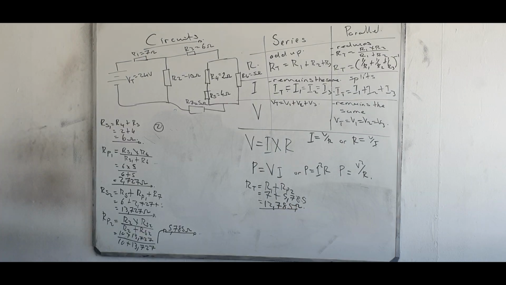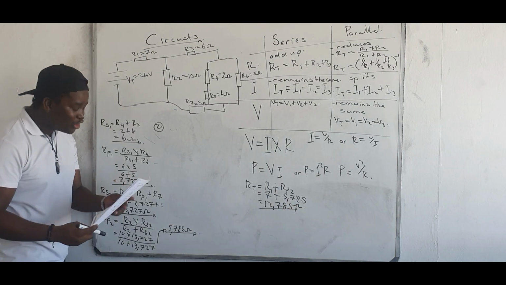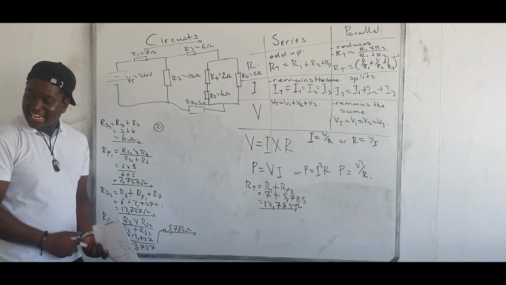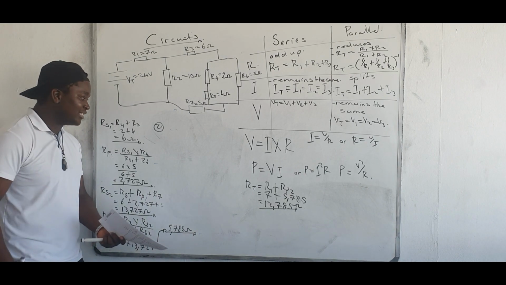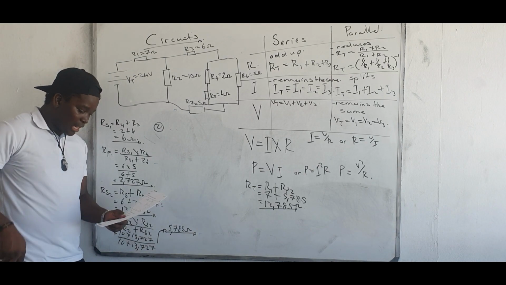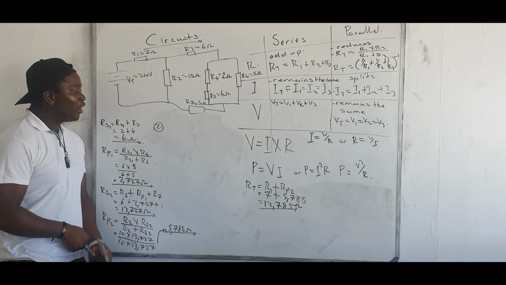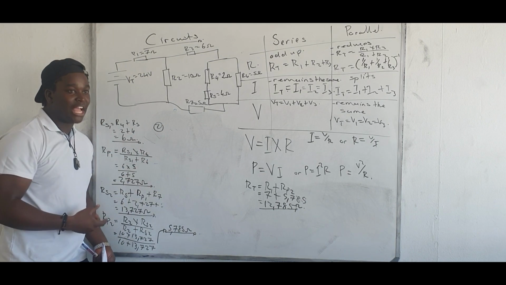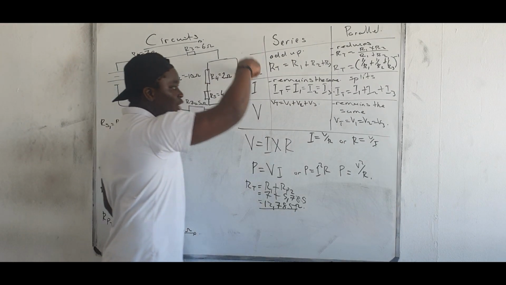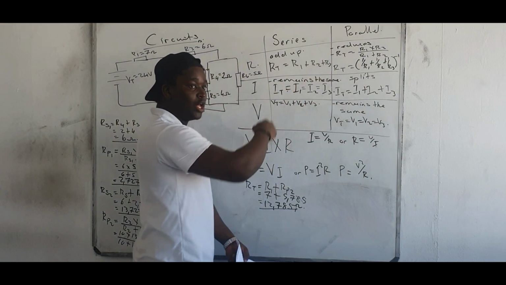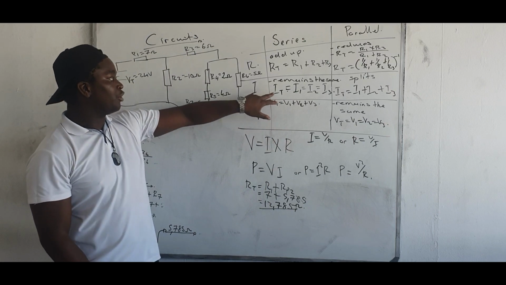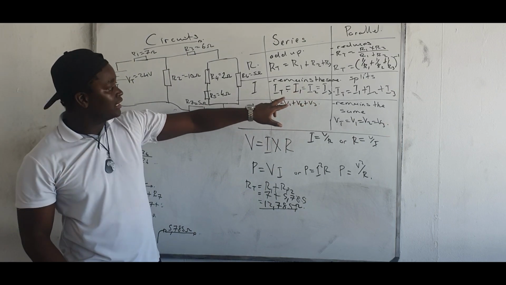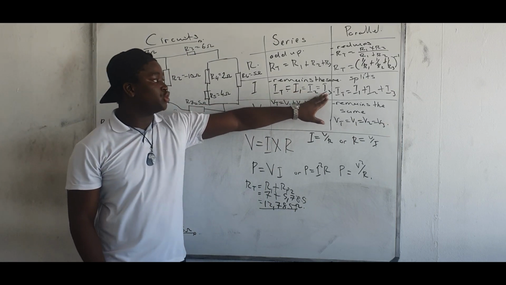Let's do number 2. Number 2 is asking you to calculate the total current. Now what formula are we going to use to determine the total current? Remember that to calculate IT from the earlier formulas, we need at least I1, I2, or I3.